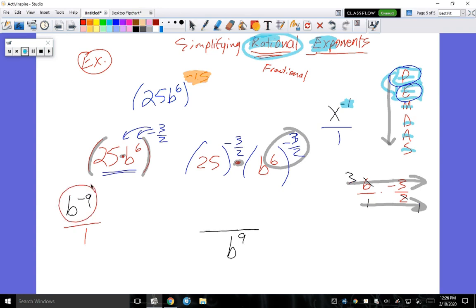So we're going to move this down to the denominator and make it a positive 9. Okay? Here we go. 25 to the negative 3 halves. I can move this to the denominator as 25 to the positive 3 halves. An understood 1 is left in the numerator, and we're almost done simplifying.